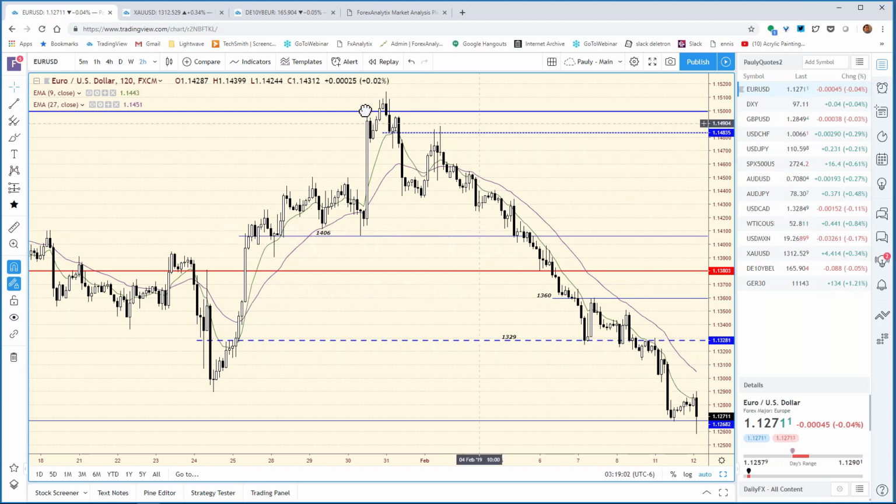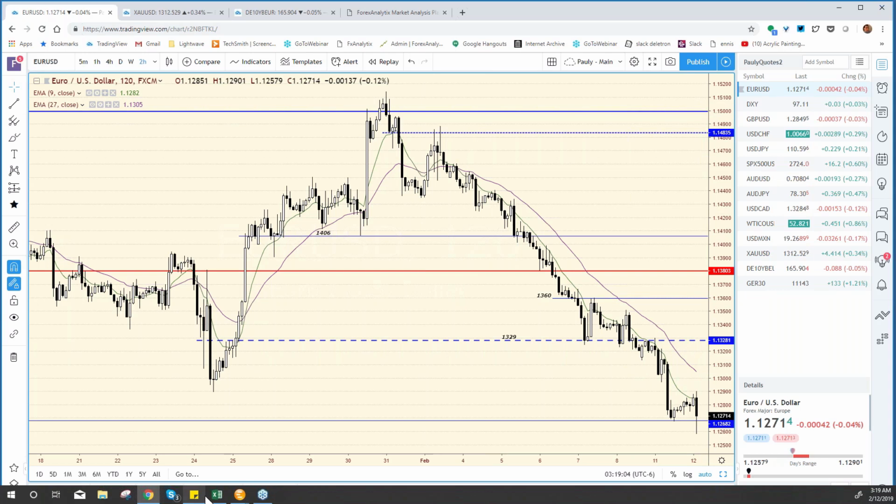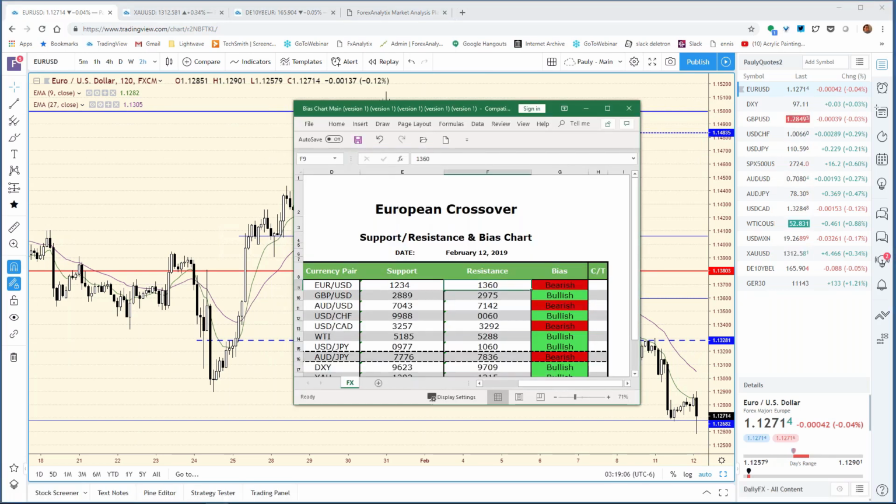So let's go here. This market they would be looking to sell right here, all the way up to 1329.